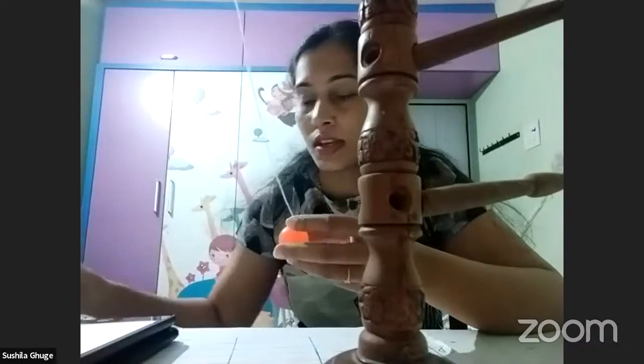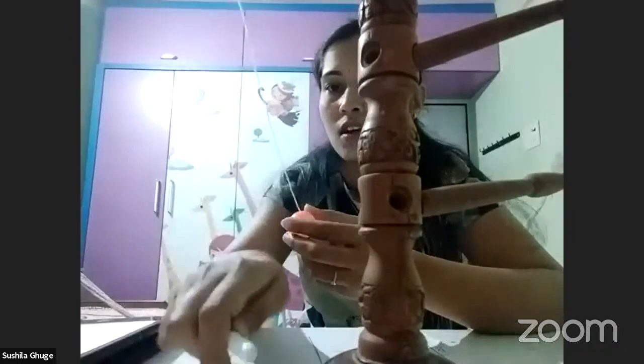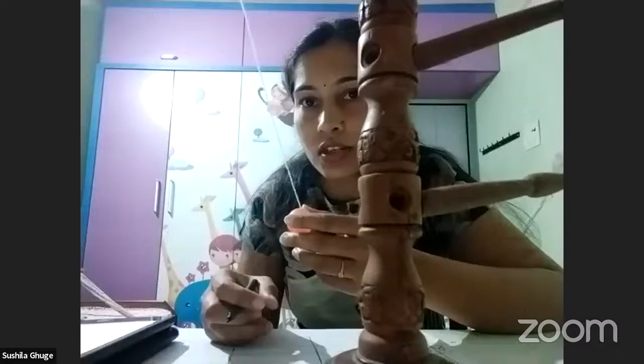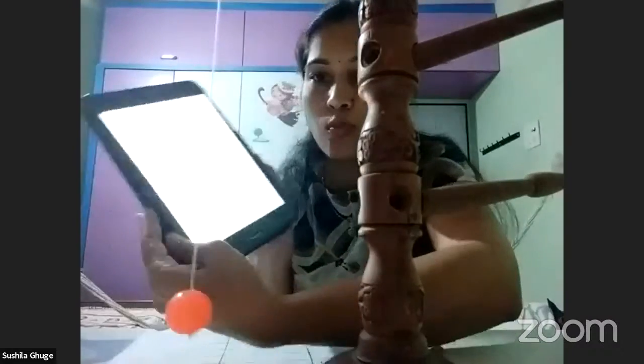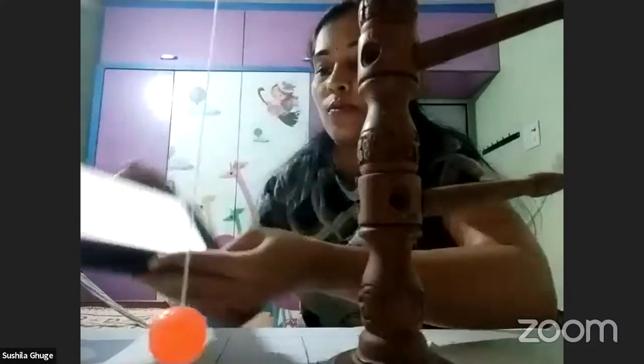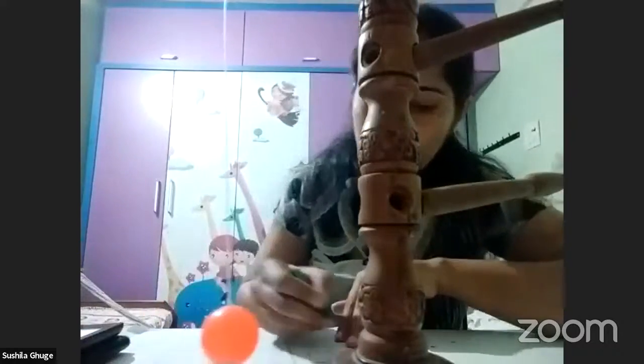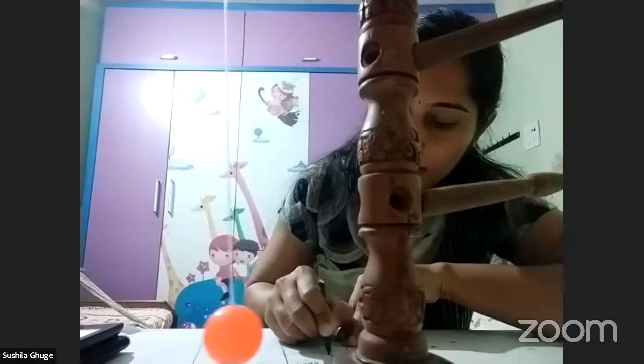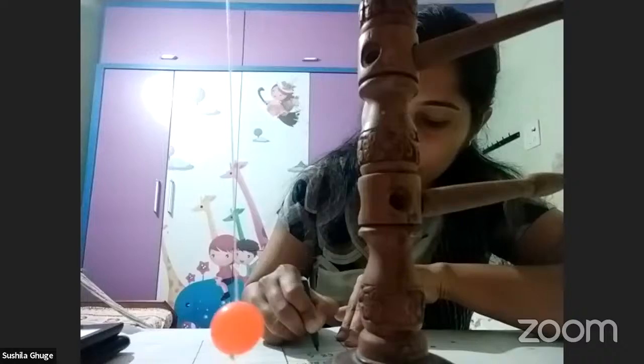So this oscillator completes 10 oscillations in 9.68 seconds. Here is the stopwatch. I think you cannot see, but here is 9.68 seconds.